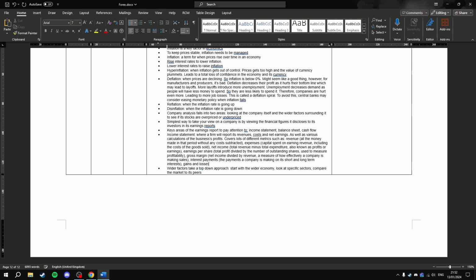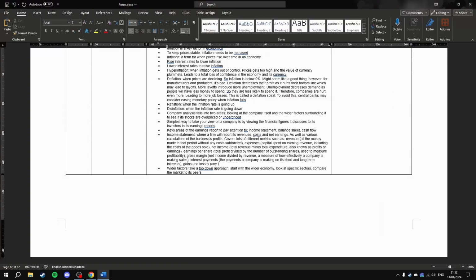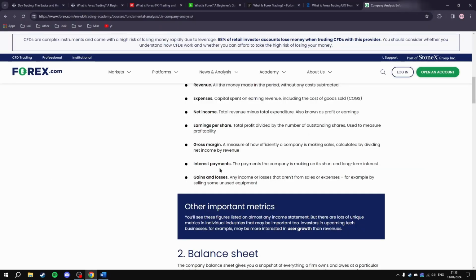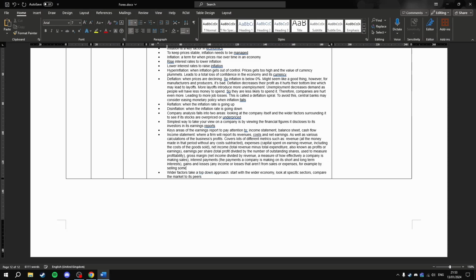Any income or losses that aren't from sales or expenses, for example, by selling some unused equipment.